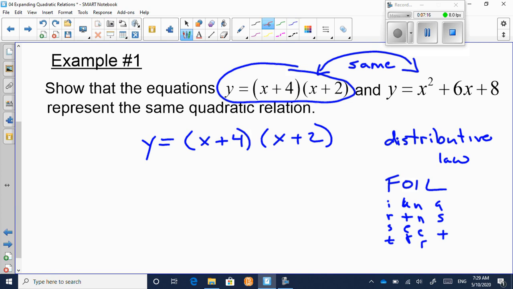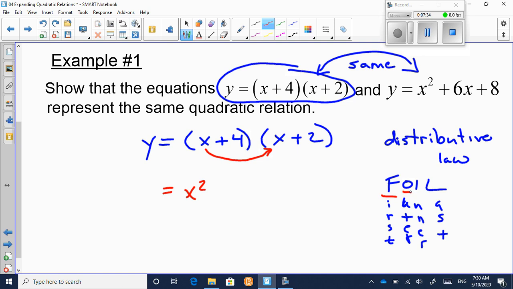So here we go. Let's do the F first. F is we do the first things in the brackets. So x times x, remember we just talked about that, you add their exponents, so it turns into x squared.